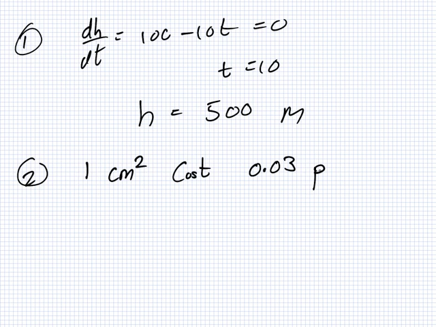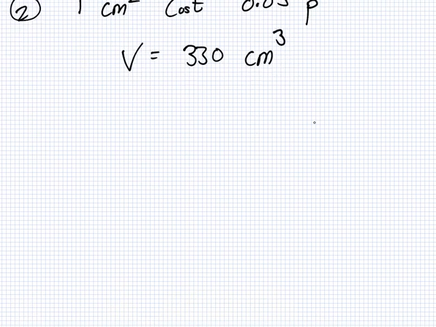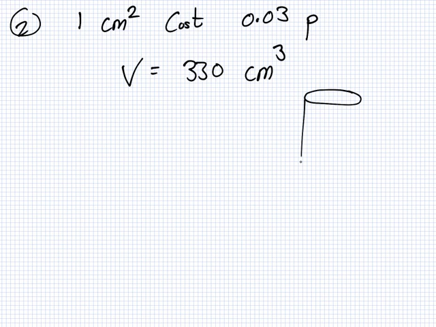The can must hold the standard 330 centimeters cubed. Okay so far? So the manufacturer here is making a can, and they need the can to hold 330 milliliters basically, which is a standard size for a can.